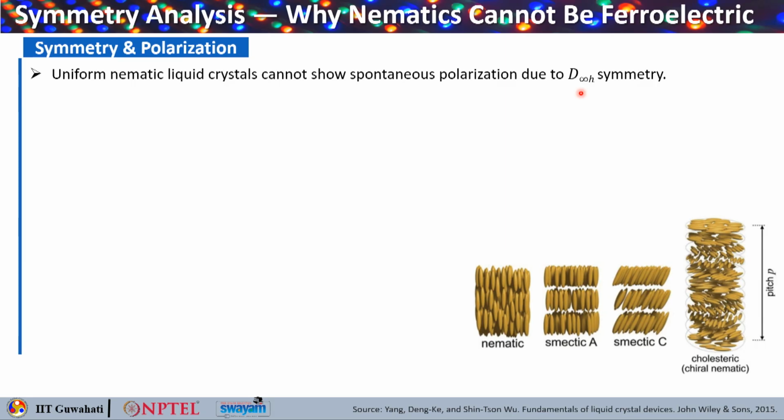It is a high symmetry point group in chemistry and physics, especially assigned to linear molecules that possess a center of inversion. So it represents the highest possible rotational and reflective symmetry for 3D linear systems where both ends of the molecules are identical.